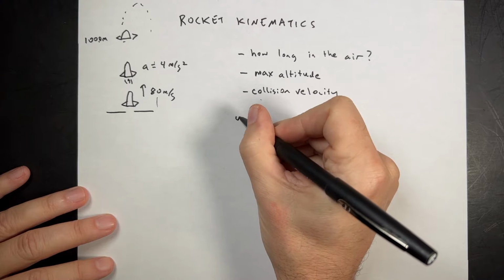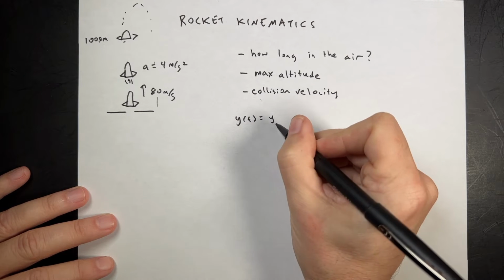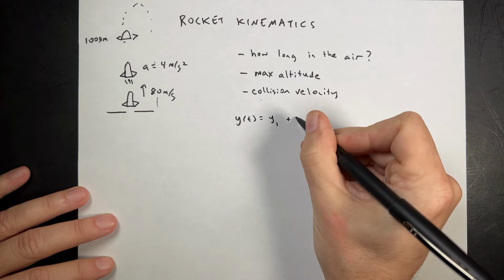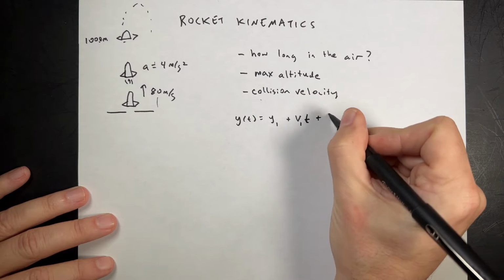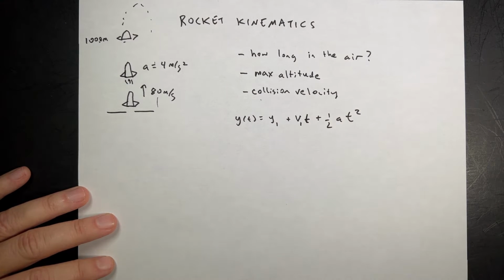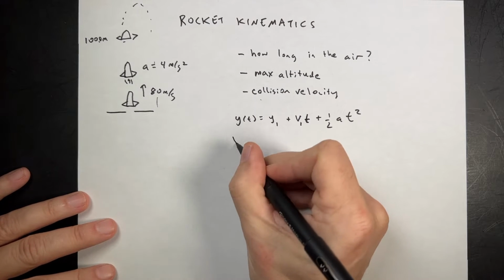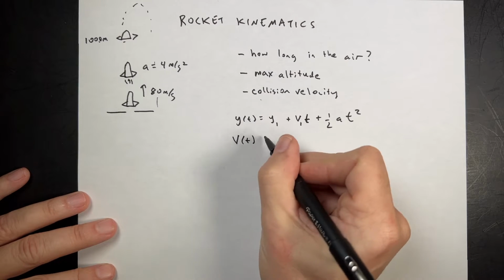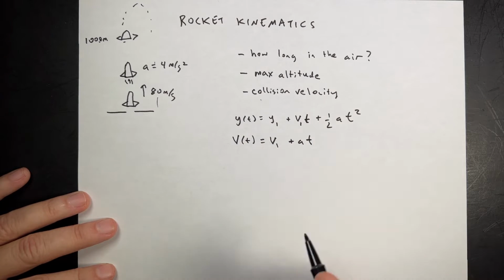We have this one, y as a function of t, is the initial y, I'll call it y1, plus the initial y velocity, v1 t, plus 1/2 a t squared. And then I have the equation for the velocity, v as a function of t, is the initial velocity, v1, plus a t.